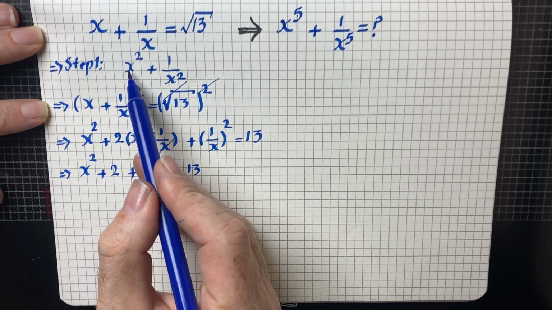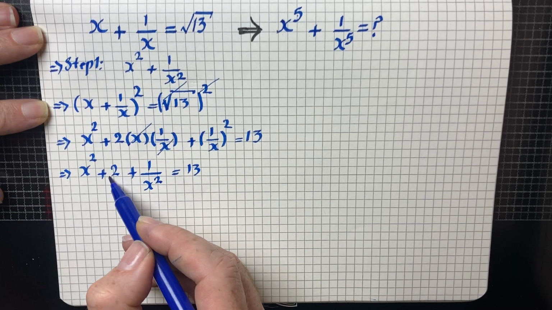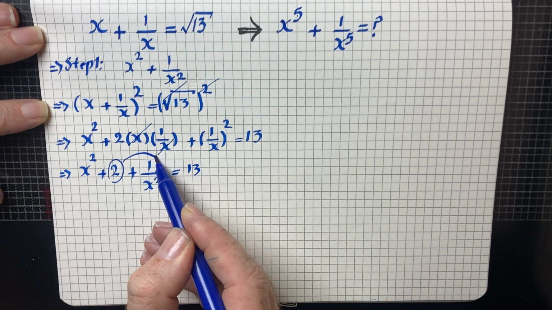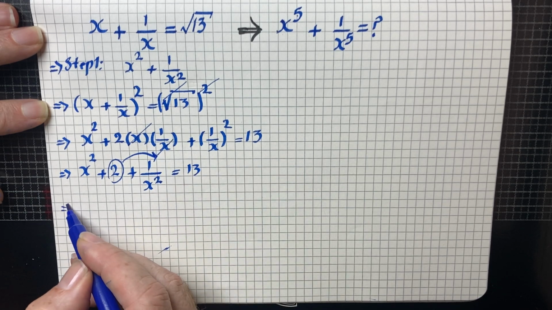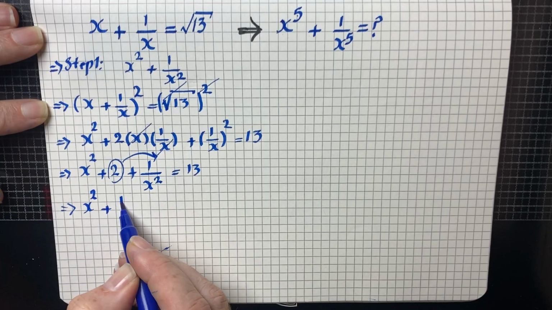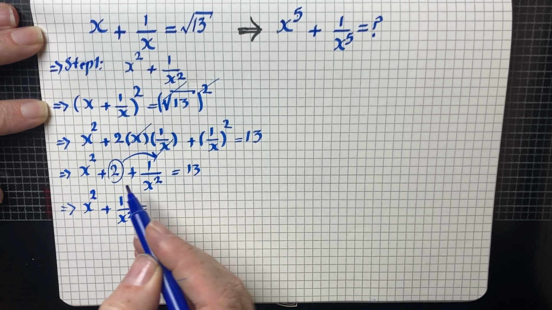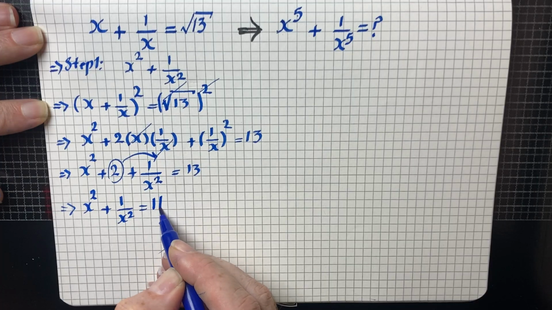So we are going to find the value of x to the power of 2 plus 1 over x to the power of 2. It is enough we move this 2 to the right hand side. It is going to be x to the power of 2 plus 1 over x to the power of 2 equals 13 minus 2, which is going to be 11.